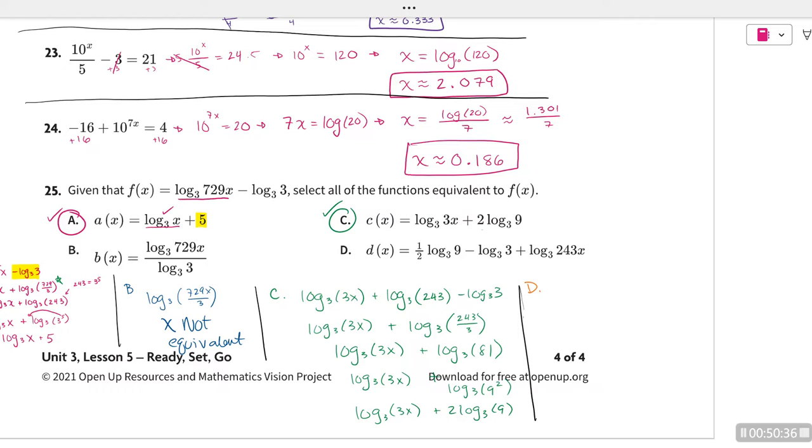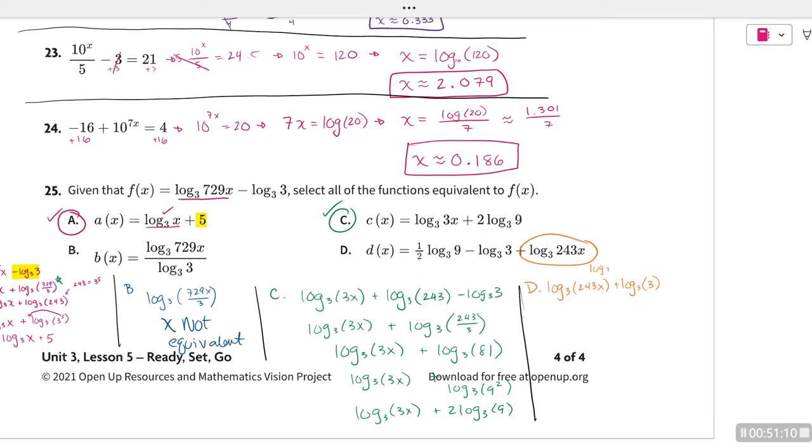Okay, and lastly, D. So D, let's lock onto our x term. I think that's a nice one. So this time we have 243. Well, we've already seen this number a few times. 729 divided by 243 gives us 3. We've been working with that number a lot. So log base 3 of 243x plus log base 3 of 3.